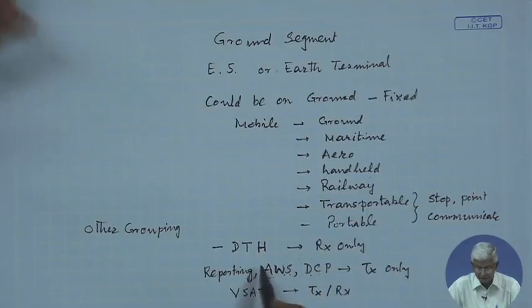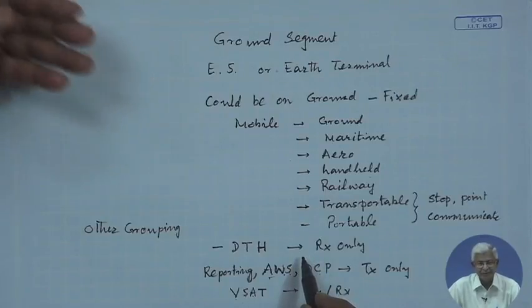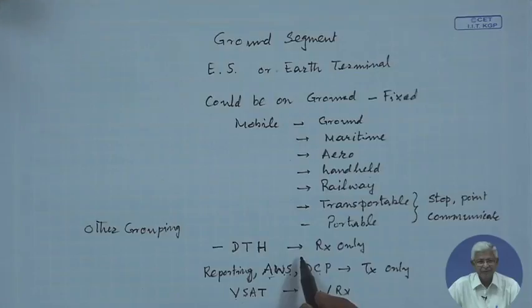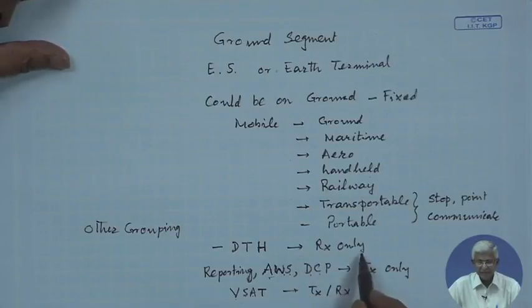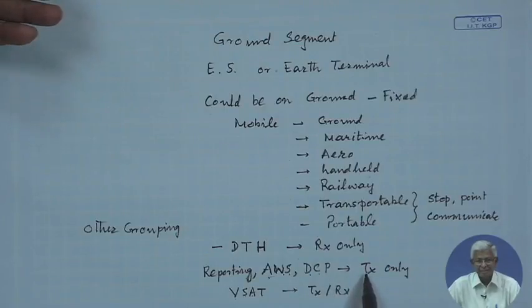If it is a receive only station, like DTH, there is no transmit chain. So, half of the electronics is not there; the power amplifier is not there, the up converter is not there, there is no uplink, it is receive only, whereas in transmit only the receive chain is missing. So, definitely the electronics is much simpler, and a transmit receive system has full ability to communicate.